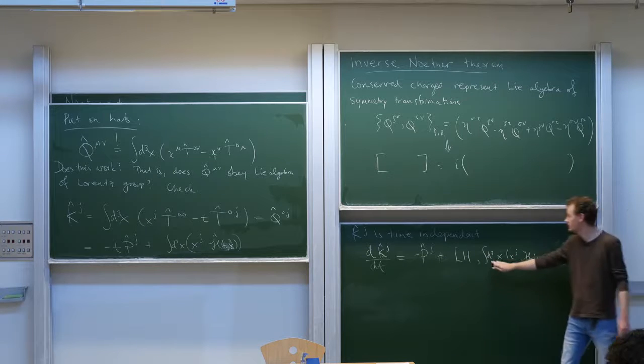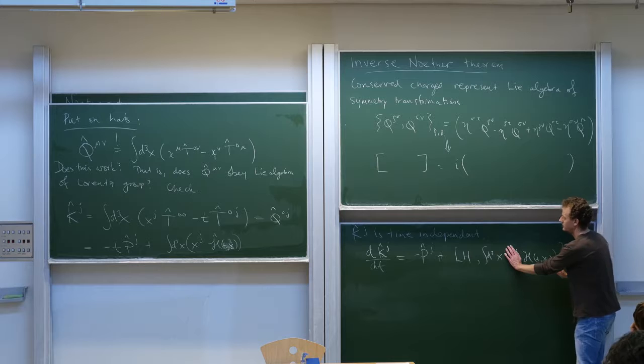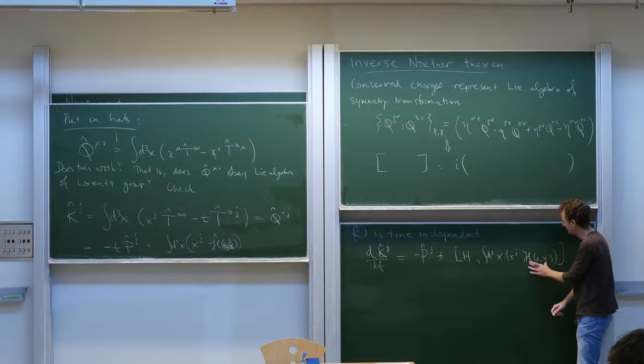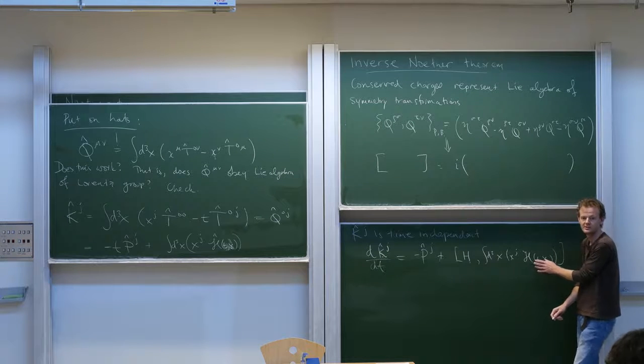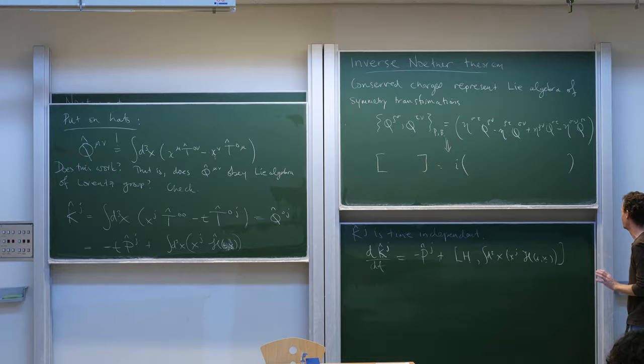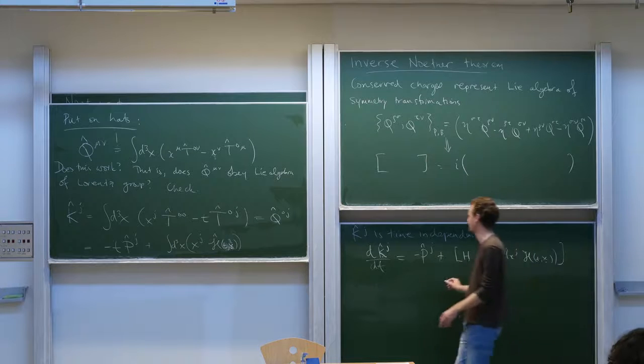No, H commutes with H integrated over space. This is the Hamilton density. The Hamiltonian does not commute with the Hamilton density. So that's an important observation to make here, which is why this is not trivial.